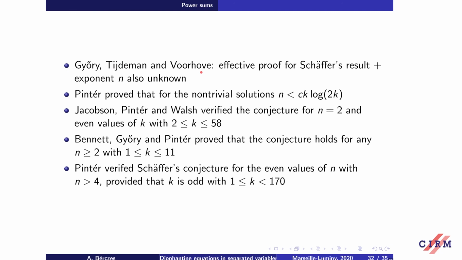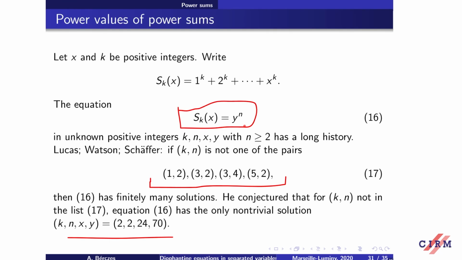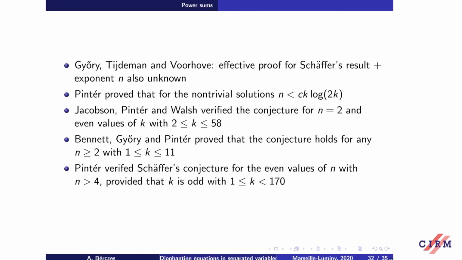Győry, Tijdeman, and Voorhoeve proved an effective version of Schäffer, and they have another extra feature that also n was an unknown. So in this equation, also the exponent was an unknown for them, and the effective finiteness was working also in this more general case.